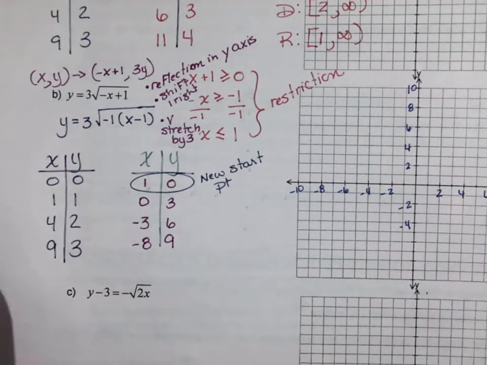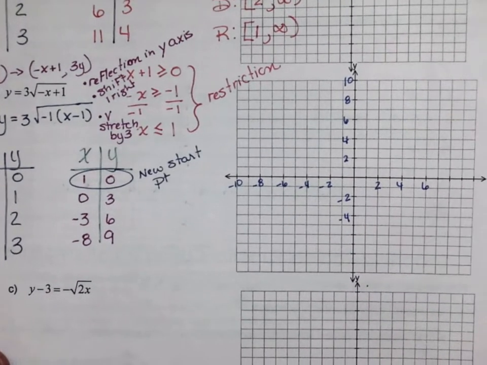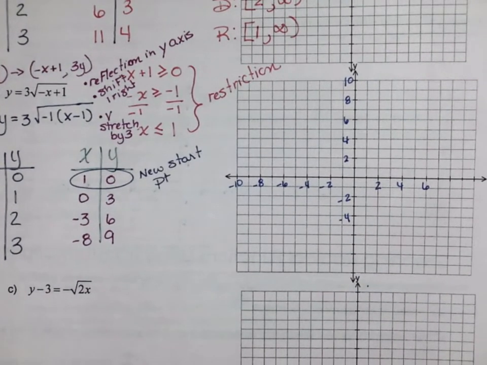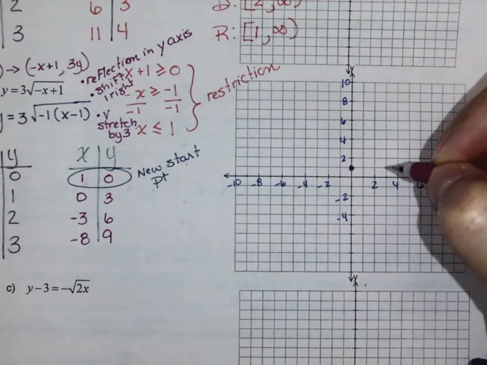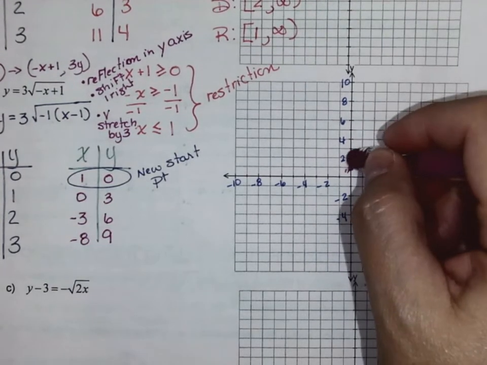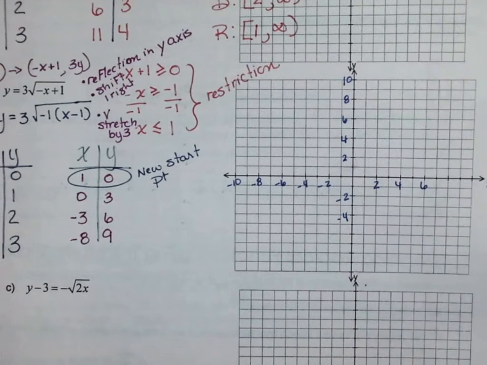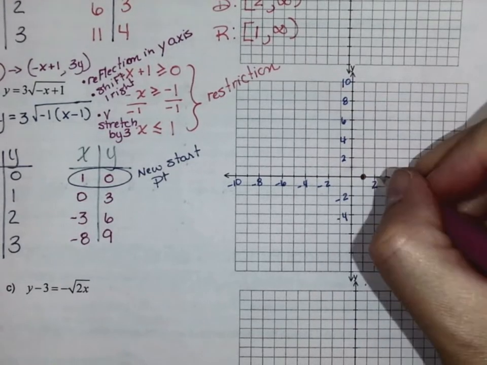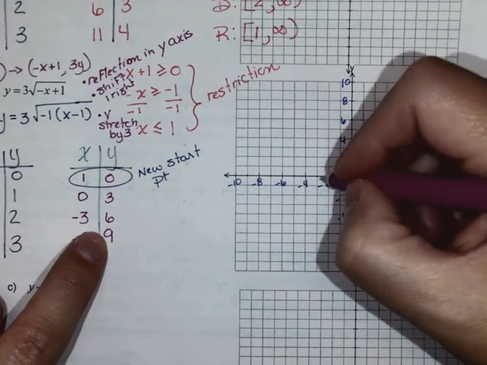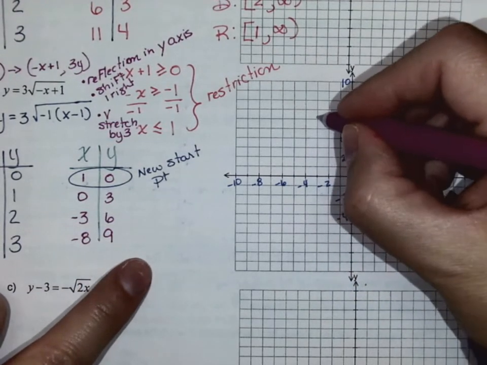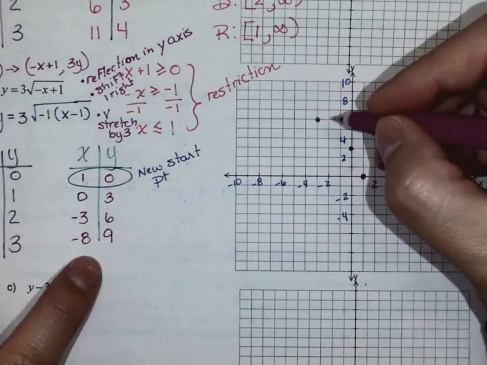Okay. So 0 and 1. Nope. That is 0 and 1. What's my point though? 1 and 0. And then I have 0 and 3. And I have -3, 6.